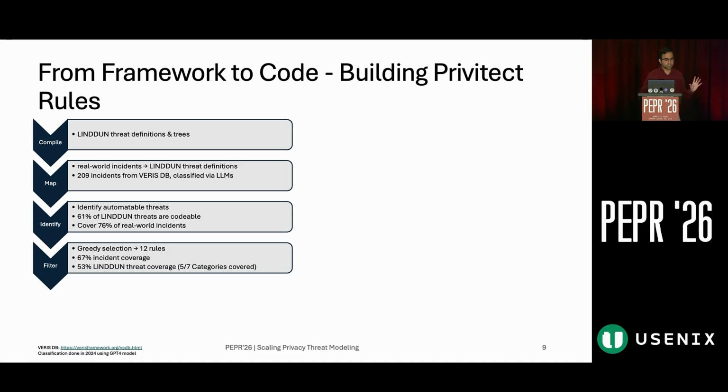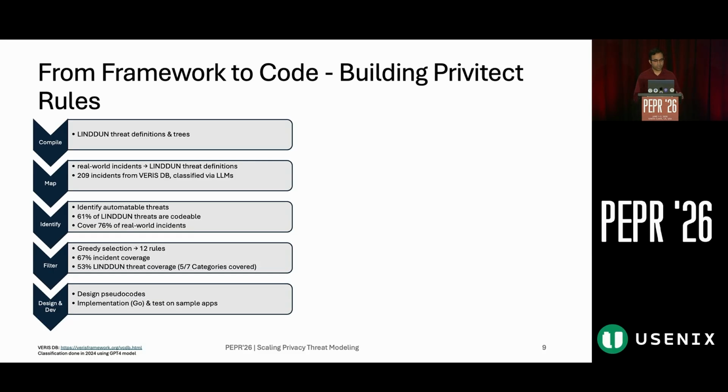Out of these 60, if we select 12 rules and optimize for reducing the burden that is put on the user as part of adding new inputs for these rules, we find that these particular 12 rules can cover up to 67% of real-world incidents, and 53% of LINDDUN threat categories can be covered by these 12 rules. In the end, we go ahead and implement it and test on some sample applications.